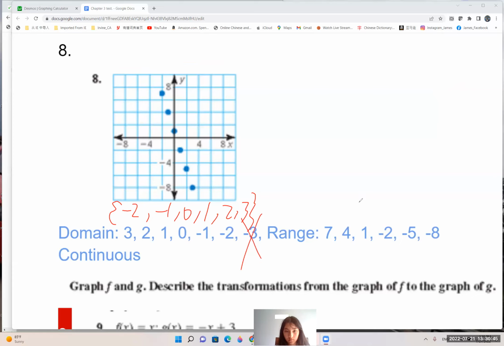Okay, now let's talk about the range. There is again -8, -5, -2, 1, 4, 7. Yeah, it's correct.